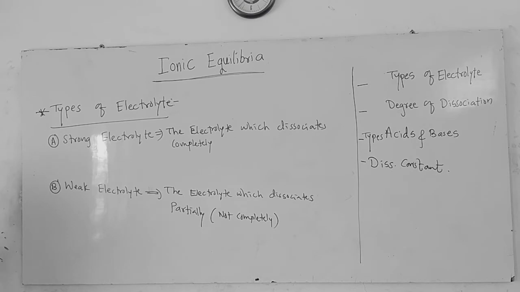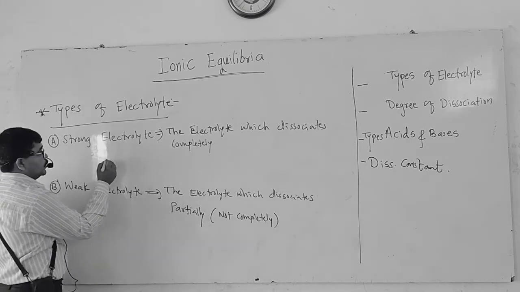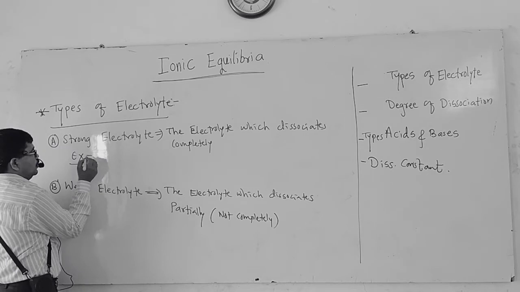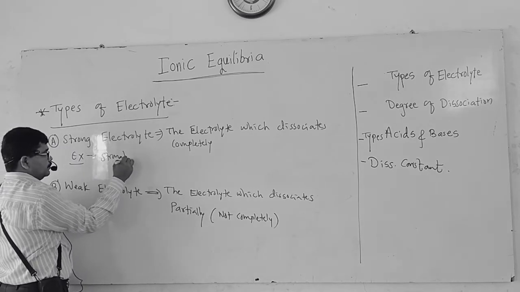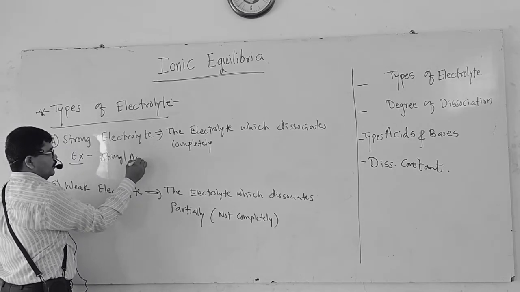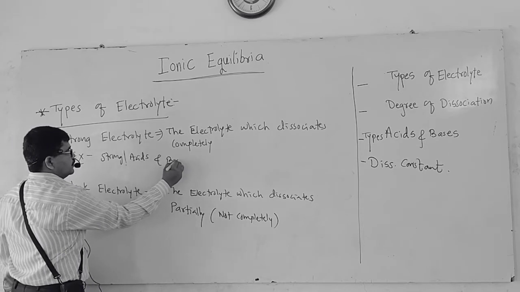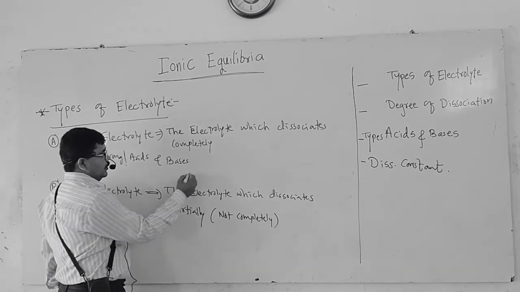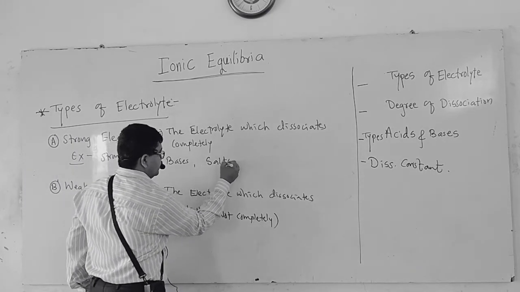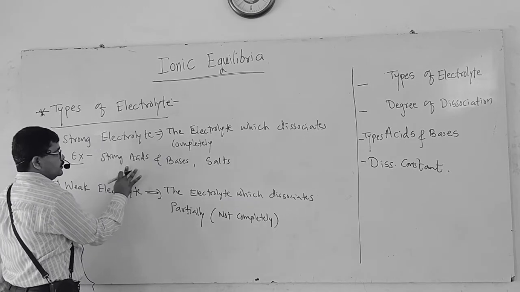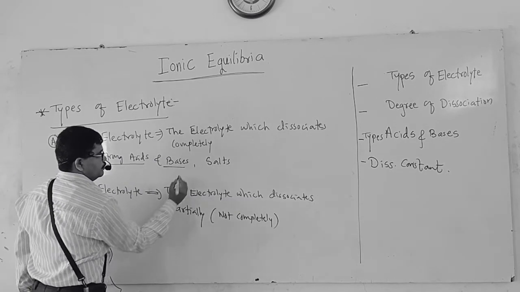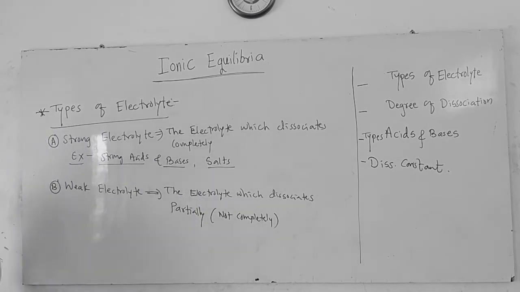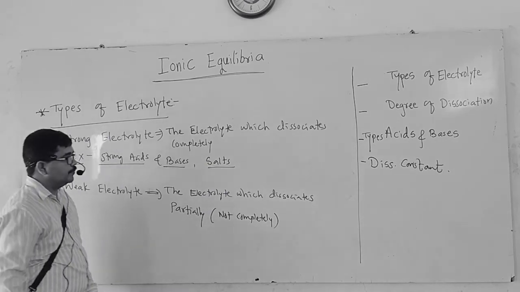Now examples of strong electrolyte. All the strong acids and bases and salts. Strong acids, strong bases and salts are the examples of strong electrolyte. Why?